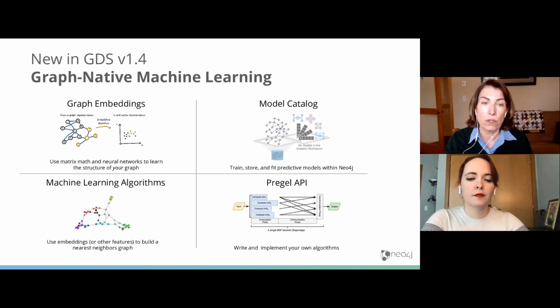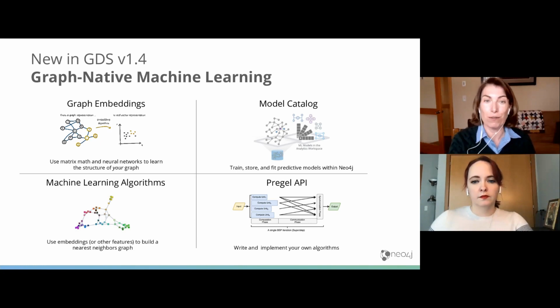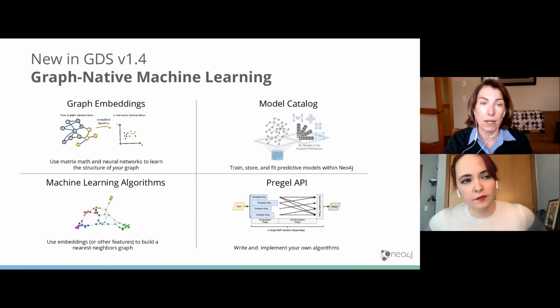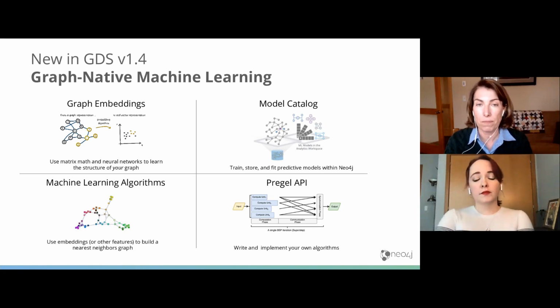We've also included a machine learning algorithms category, and in this case, KNN is our first one, which Alicia will talk to us more about. But including that, we can then make predictions based on the model that we've trained using the graph embedding. So it flows us through that process to make those embeddings useful and be able to make predictions.